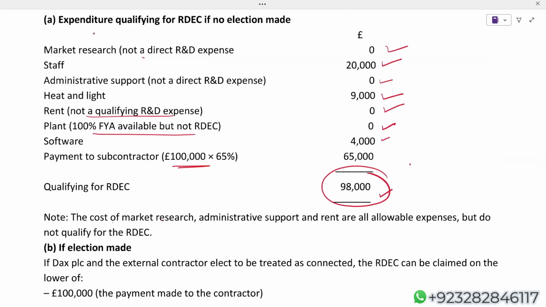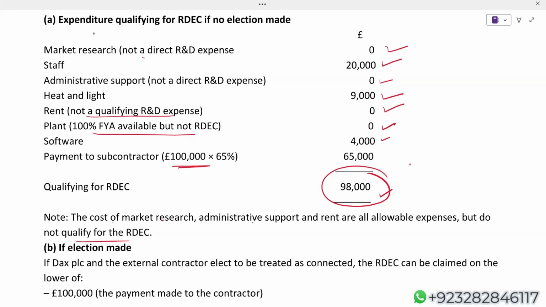The cost of market research, admin support and rent are all allowable expenses, but not qualifying for R&D. For the expenditure which qualifies for R&D, we add 20% of that while calculating taxable total profit.